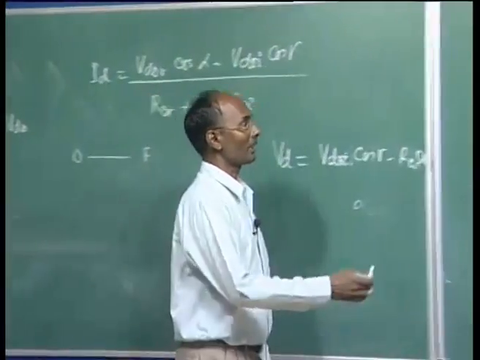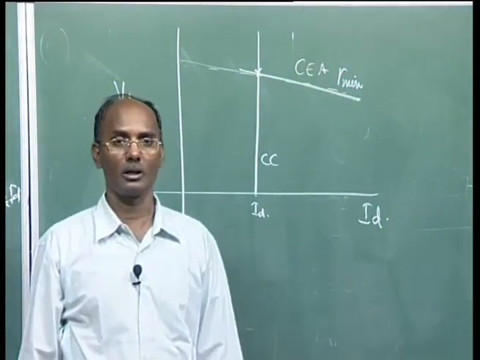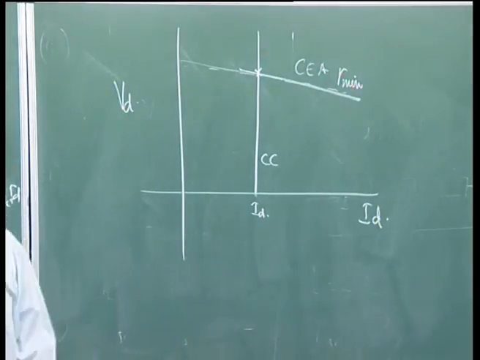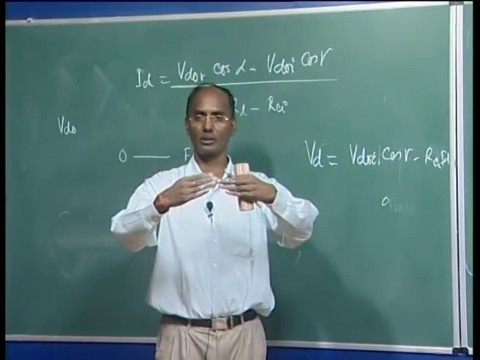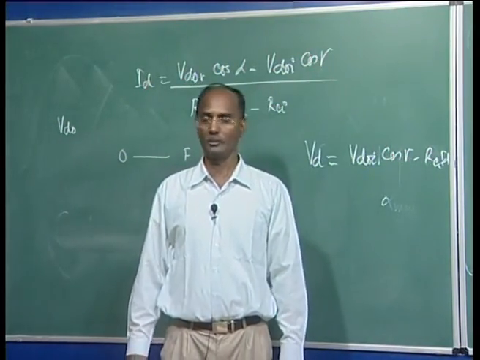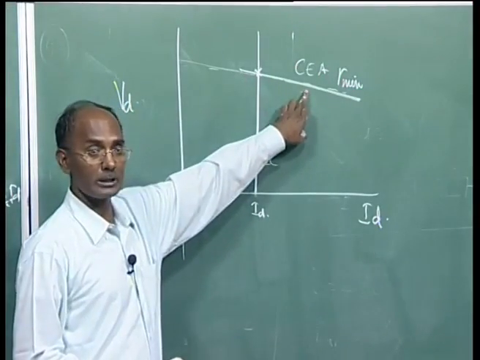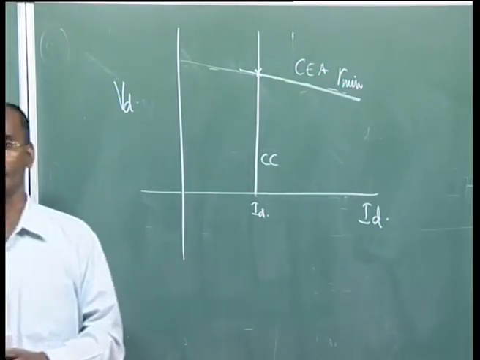And your intersection here is the actual operating point of your DC link. Always this controller and this controller characteristic will match, and that will be your actual operating value, because this ID is governed by this voltage equation and the constant current controller here.